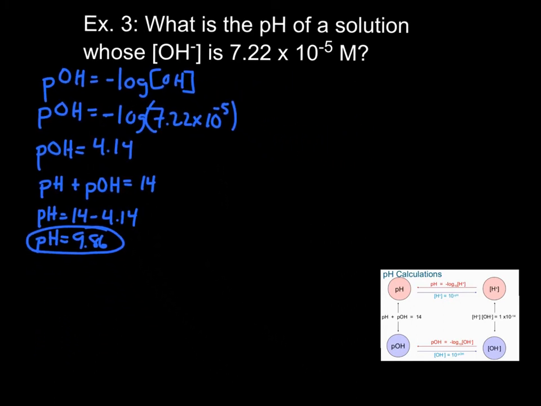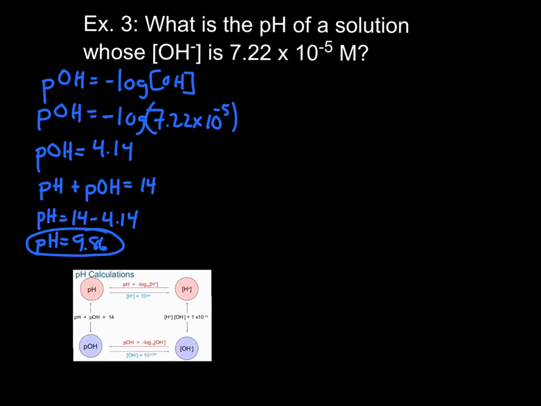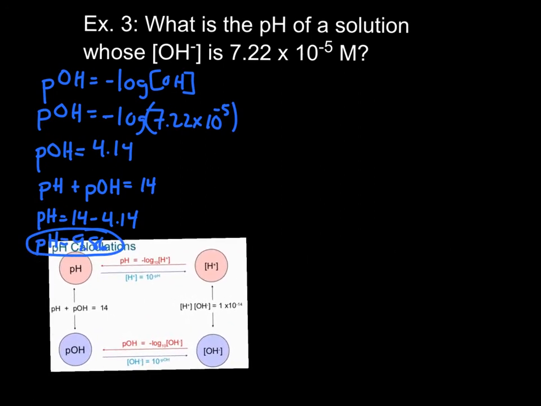So how do we go about solving this problem using the other direction? Here we would first have to use this new equation that we haven't looked at yet, the hydronium ion concentration times the hydroxide ion concentration.